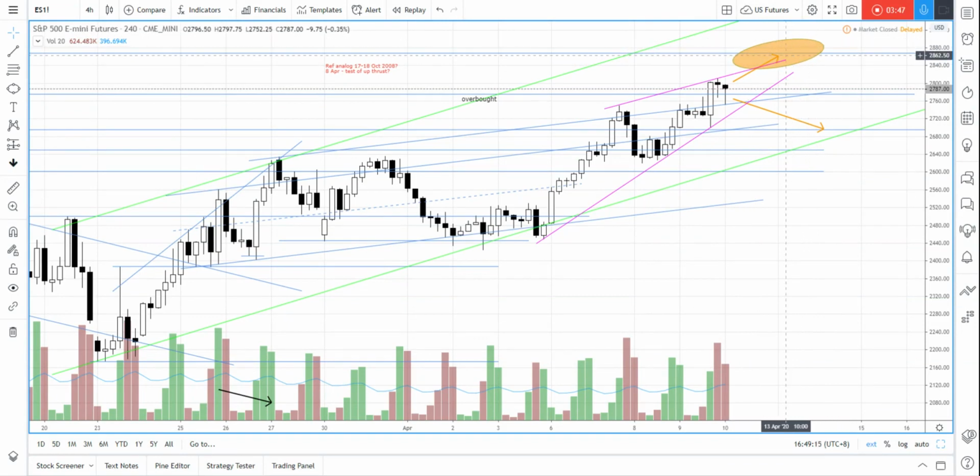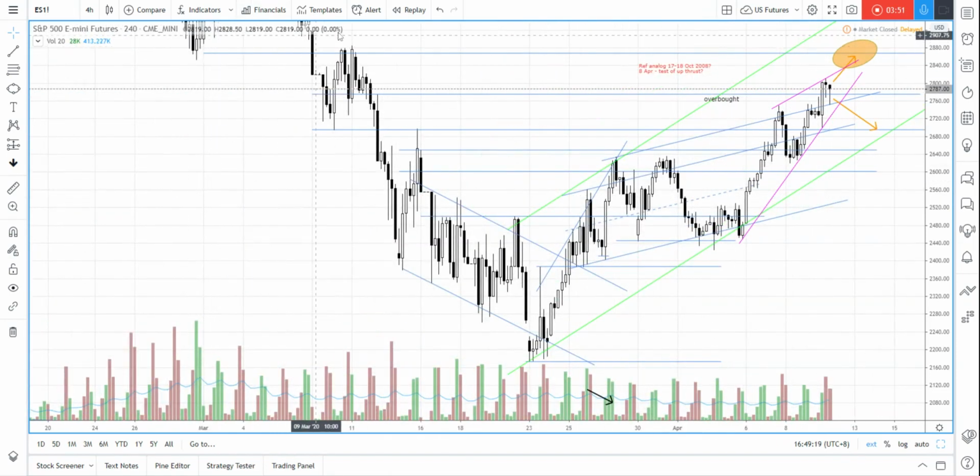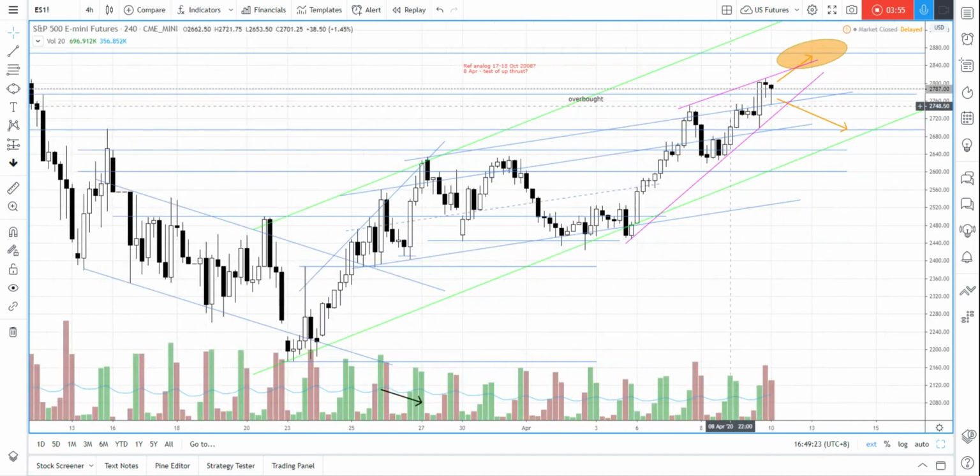This is a resistance from previously, so it probably coincides with this pattern. So maybe an overbought into this rising wedge, and subsequently, if we encounter emergence of supply, then we'll see the start of the reaction or the down move.